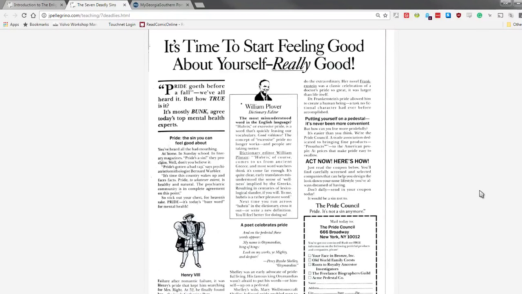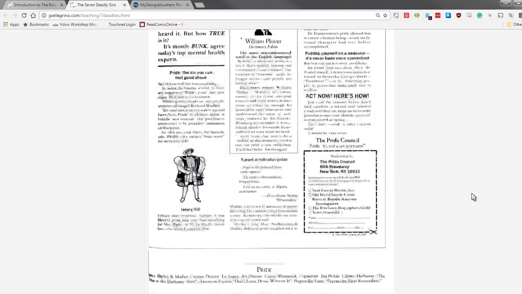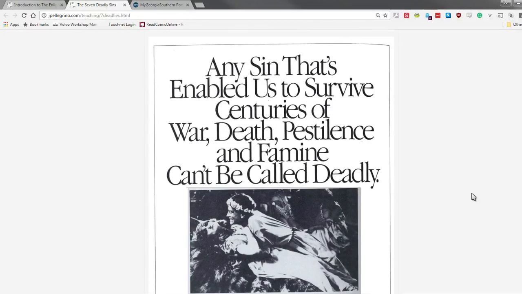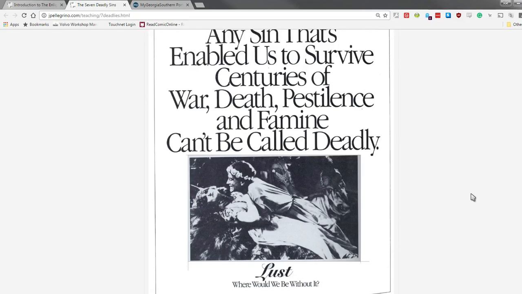And here, the Pride Council, and if the text is a little complicated to read, you can go to their website and read it all, right? Pride does not go before the fall, right? This is a typical 1950s ad that they're playing with here. And one that might make more sense to us. Any sin that's enabled us to survive centuries of war, death, pestilence, and famine can't be called deadly. Lust. Where would we be without it?